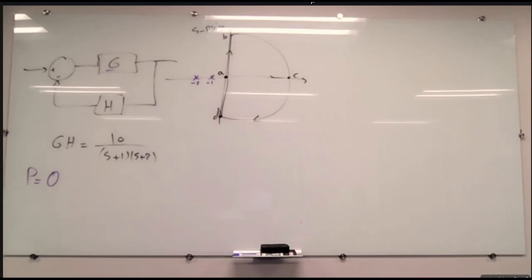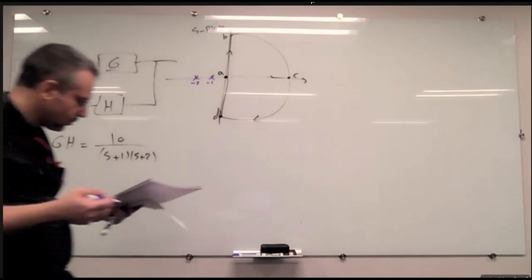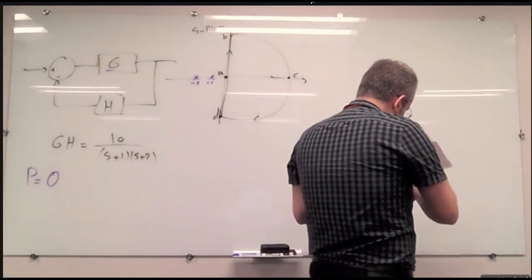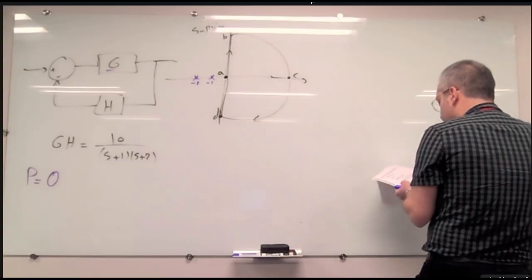Now, we are going to try to map the contour into the T domain using the concept of the polar plot and the argument principle that we mentioned. So let me draw the T domain.